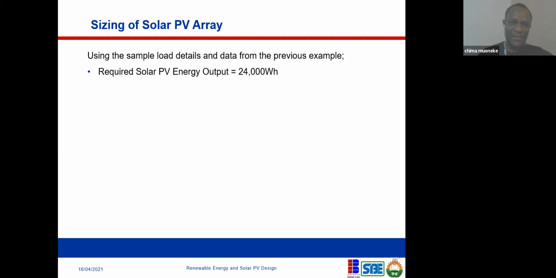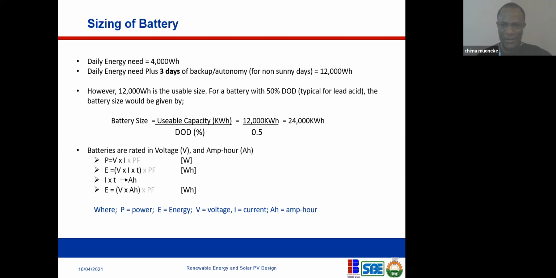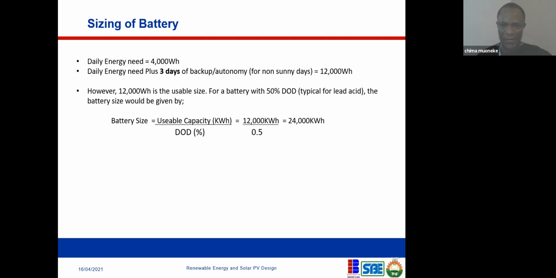So now let us look at the sizing of the PV array. Using the previous load details and data from the previous example, of course, our required PV energy output is 24,000 watt hour. We all remember that the battery capacity that we need to support is 24,000 watt hour.